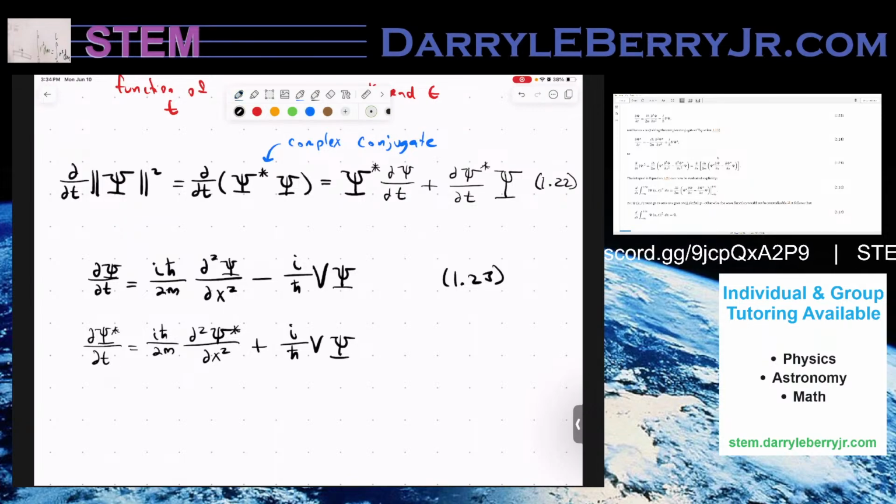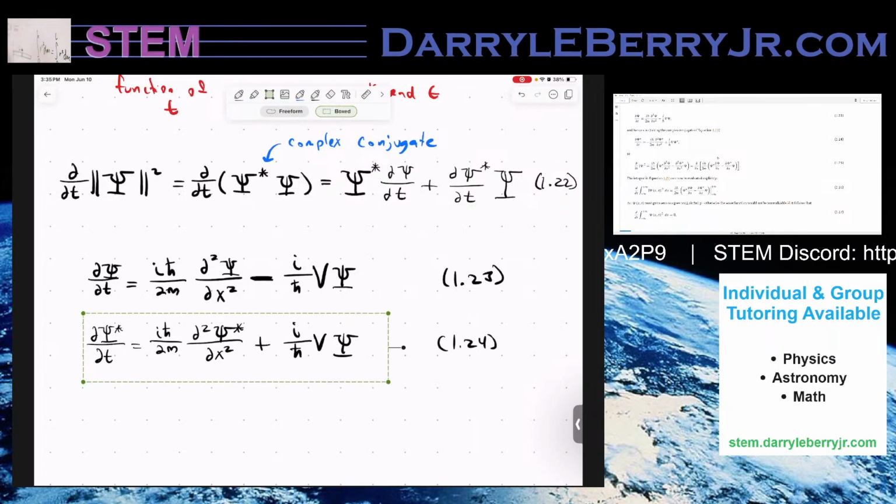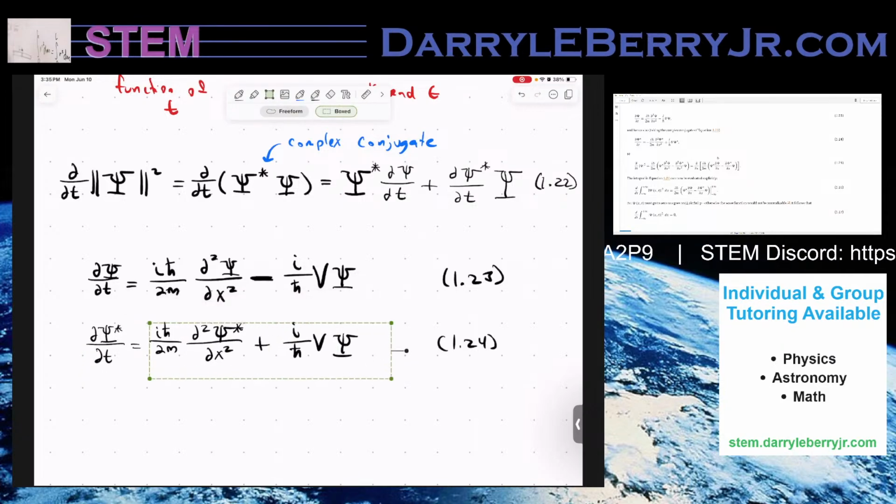One detail I noticed, by the way, is negative on the non-complex conjugate one and positive on the complex conjugate. Also, I missed it the first time, but there should be a negative here.